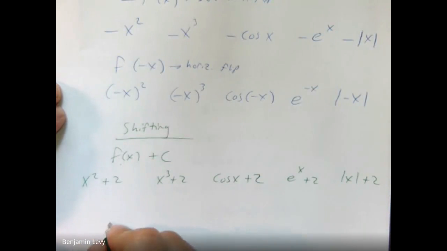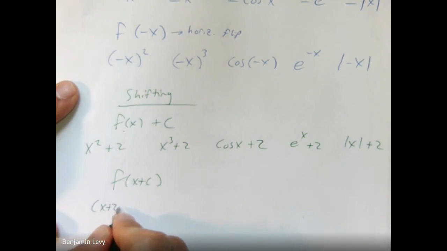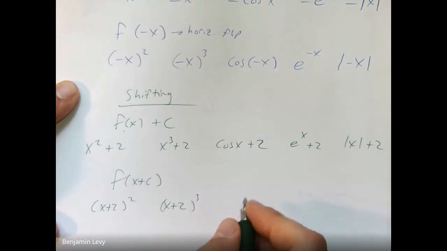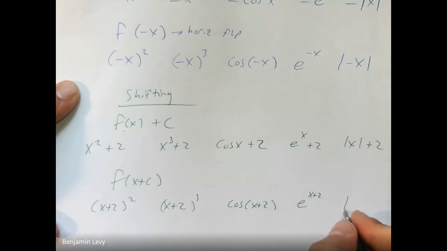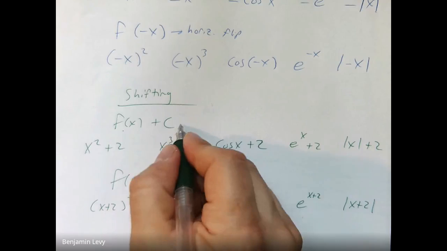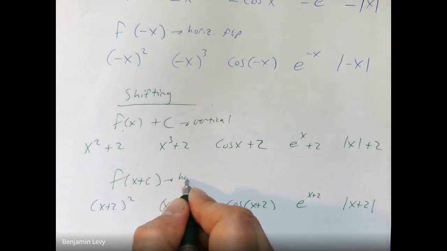That's different than this, because this, the plus c is going to be right up against the x, and so that would look more like this then. Right, and so these things are all doing vertical shifts, and these things are all doing the horizontal ones.